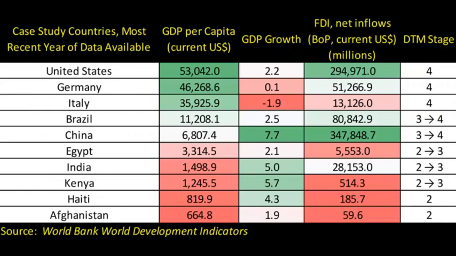Well, first off, a lot of these poorer countries have more room to grow. The United States, Germany, and Italy have created over time a huge, quite diverse economy. It's hard for us to have huge increases from one year to the next, whereas in a lot of these poorer countries where there isn't much to begin with, it's easier to have this GDP growth.